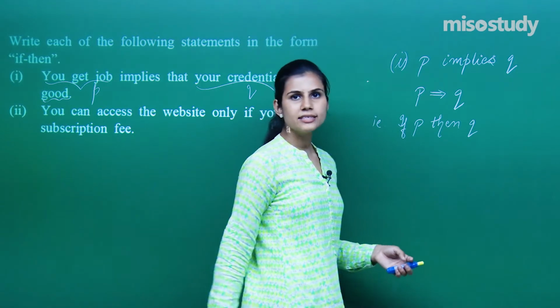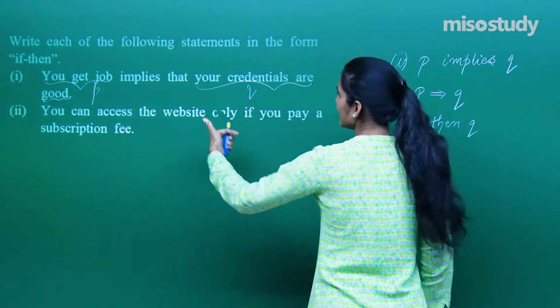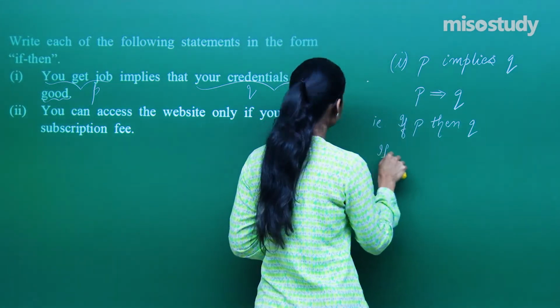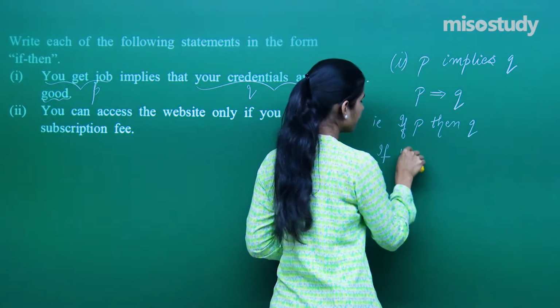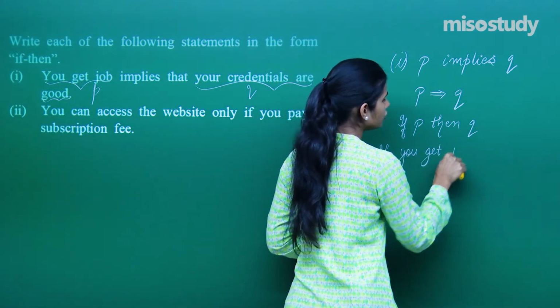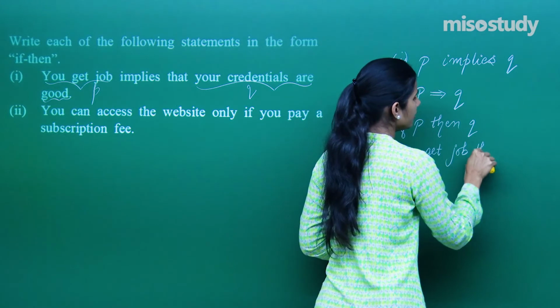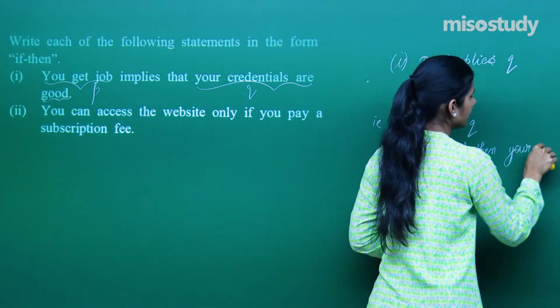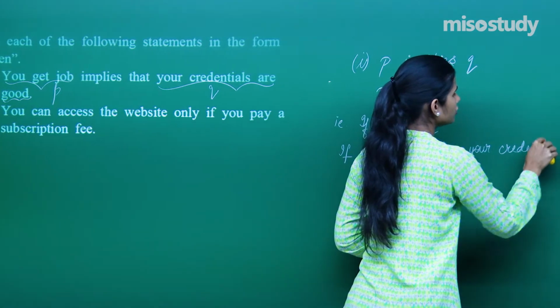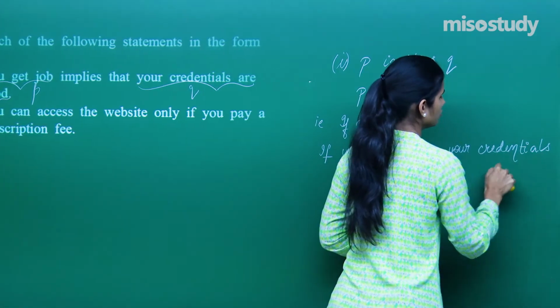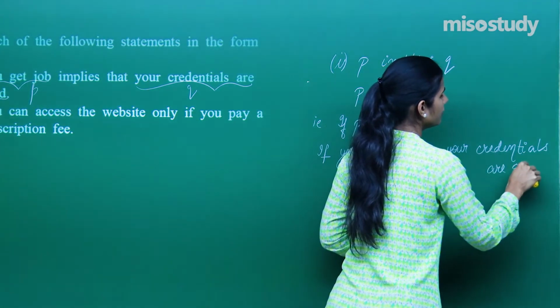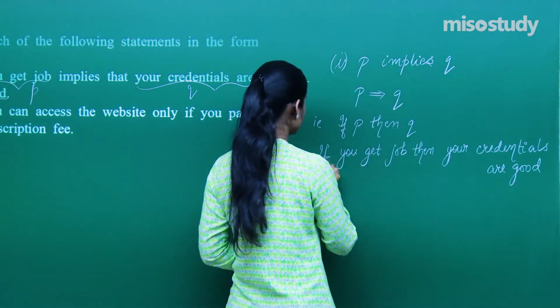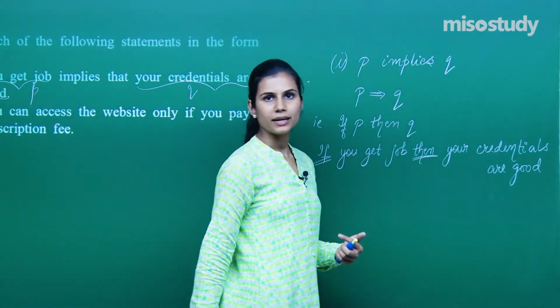So how will you write this sentence using if then? It will be if P then Q. If you get a job, then your credentials are good. That's how you can rewrite the sentence using the if then implication.